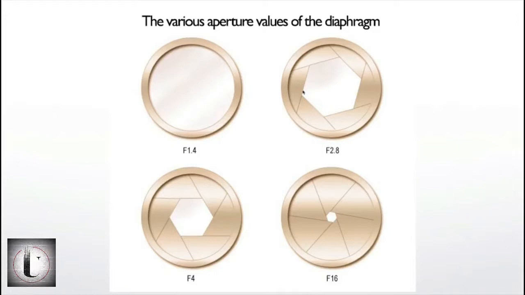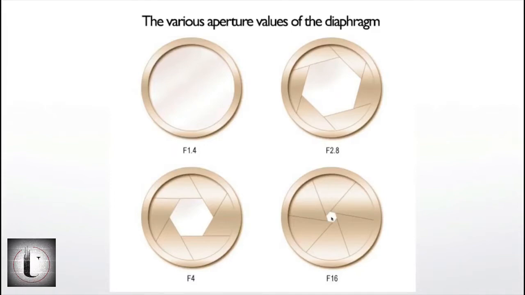If you divide 1 by 2.8, you will get a smaller number because you have a smaller diameter. If you divide 1 by 4, you get 0.25, you get a smaller aperture. If you divide 1 by 16, you get an even smaller number, and you get a smaller aperture or smaller hole. So the bigger the number, the smaller the aperture.